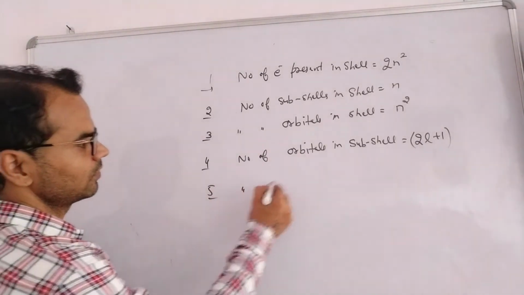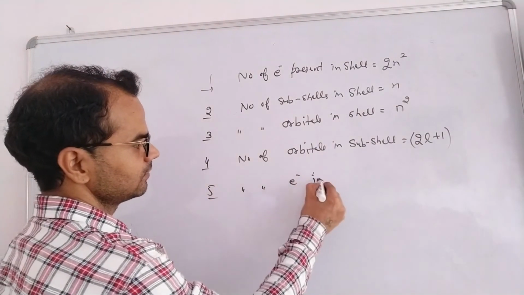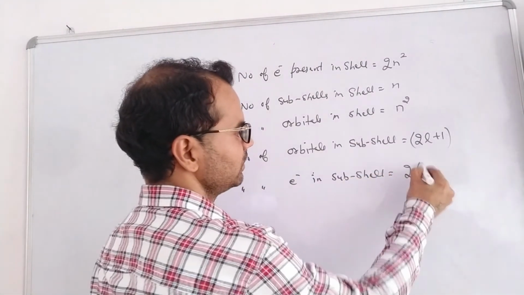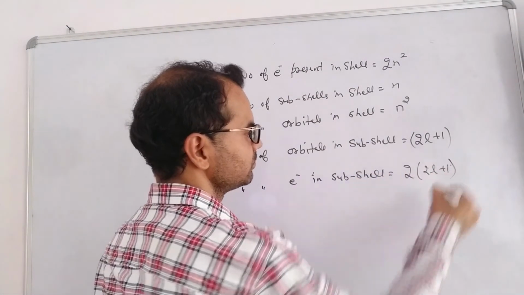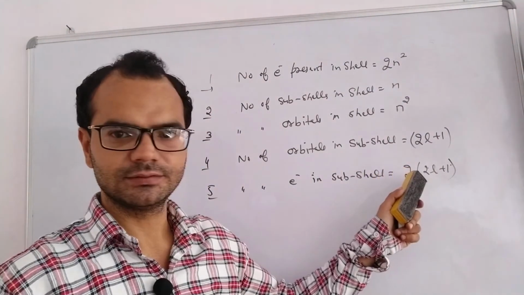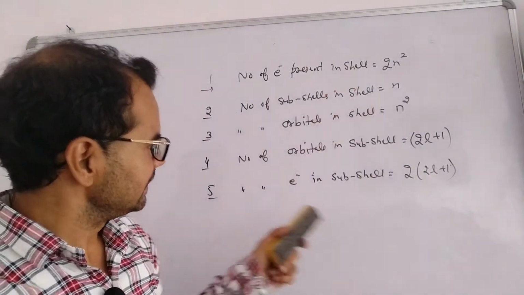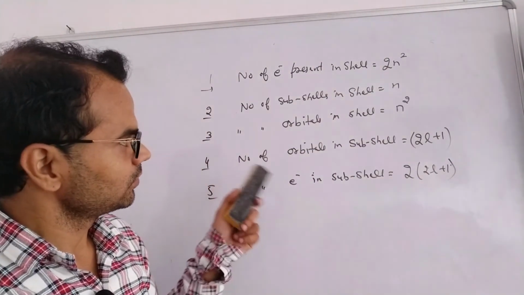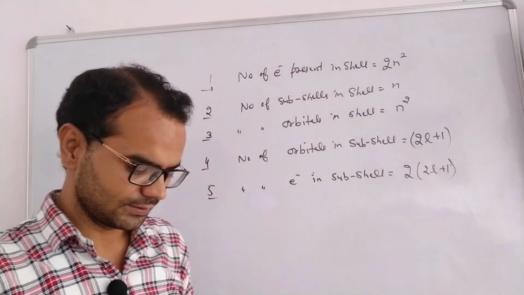Fifth, the number of electrons in a subshell: 2 into 2l plus 1. Easy. These 5 can be used to solve the questions in a competitive exam.